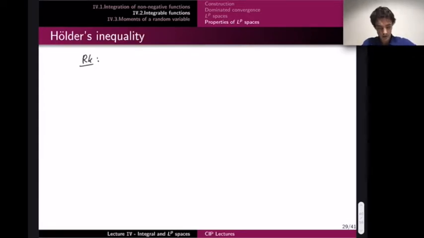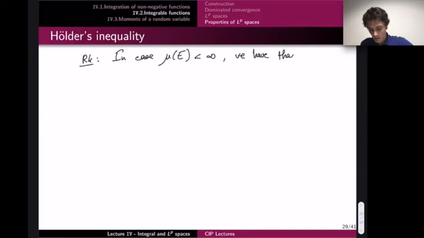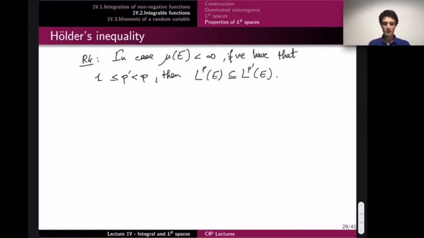In the case where the measure is finite, mu of E is finite, we have that if I have two coefficients P and P prime smaller than P, of course this is always greater than 1, then LP of E is included, actually if the inequality is strict, in LP prime of E.